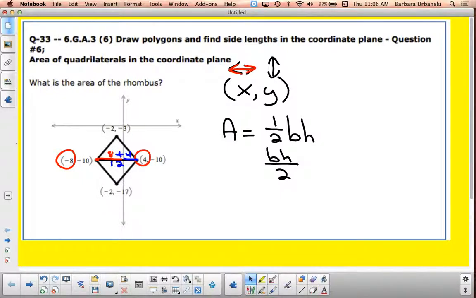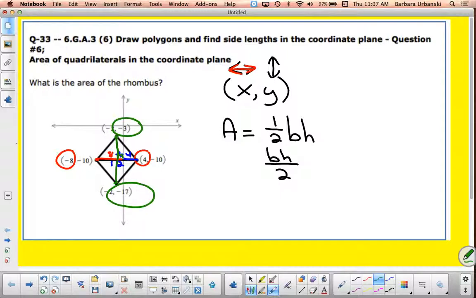Now our goal would be to find the line from the third vertex that would drop down to the base at a 90-degree angle. So now we have to find out that measure. The only way that you're going to be able to find the measure is to find the measure of one vertex to the other. And because that is running parallel to the y-axis, we look at our y value. Here we have a -3, here we have a -17.